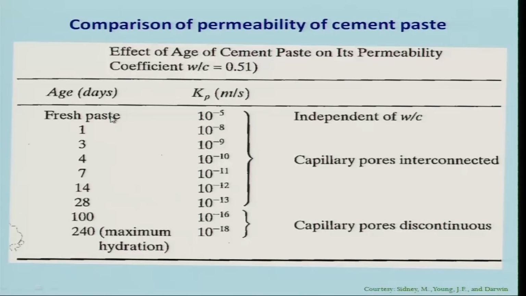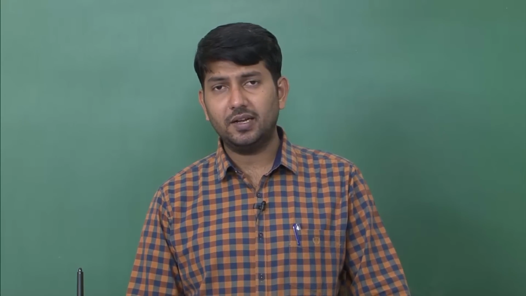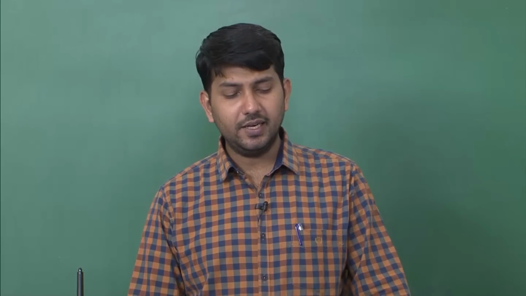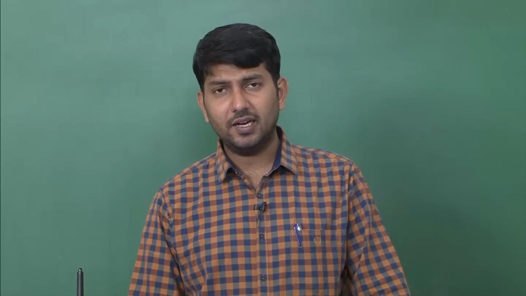We have already seen this for the porosity, because in the previous lectures we have seen that the porosity at the fresh state is extremely high and it decreases rapidly when the calcium silicate hydrate gel and ettringite are getting formed, and it decreases steeply when the calcium silicate hydrate gel grows rapidly, and finally at a matured state the porosity is very low. So now what happens to the permeability?